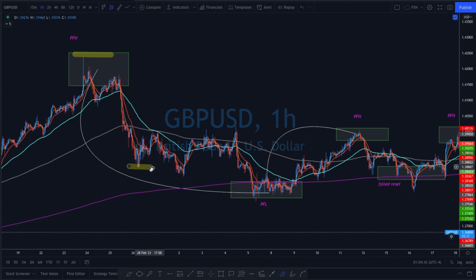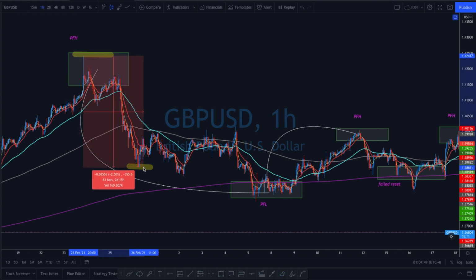If we measure from that wick to here, it's 355. So 355, if we divide that by 90, gives us about 3.9, right? Which is totally fine if you do that, okay.